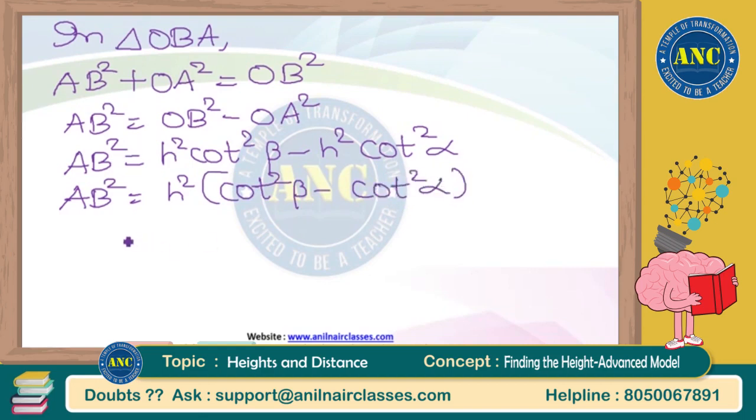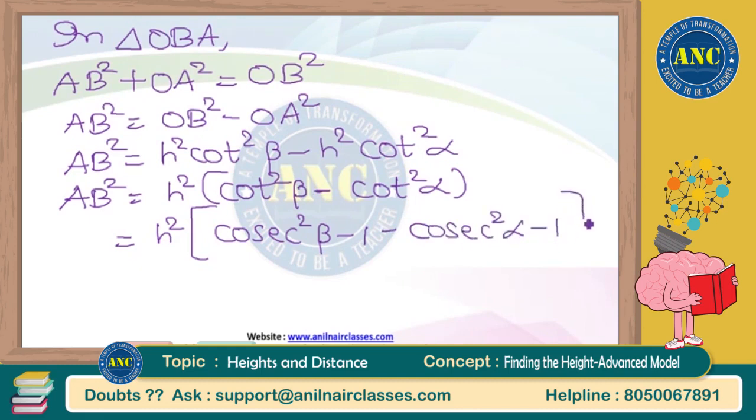I hope you are understanding again. So this is H square into cot square beta, which is cosecant square beta minus 1. Trigonometry, sir, all the trigonometric identities. Minus cot square alpha, which is cosecant square alpha minus 1. This should be inside a bracket because outside there is a negative. If I remove that bracket, minus into plus becomes minus, minus into minus becomes plus.